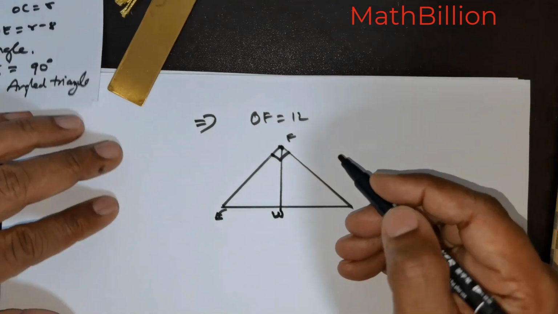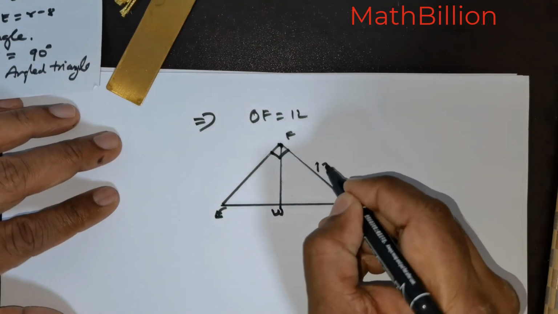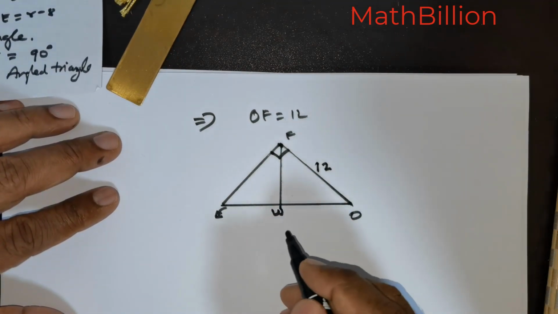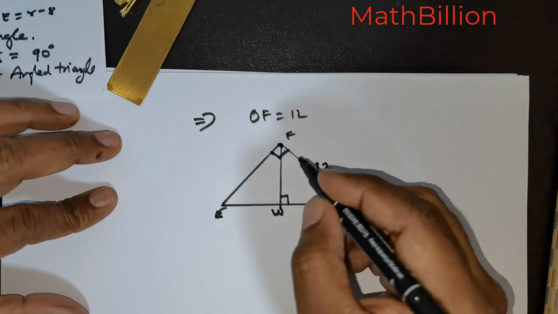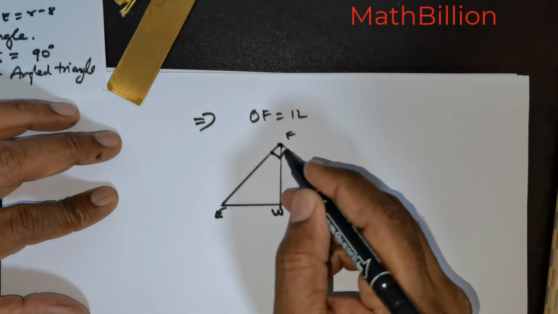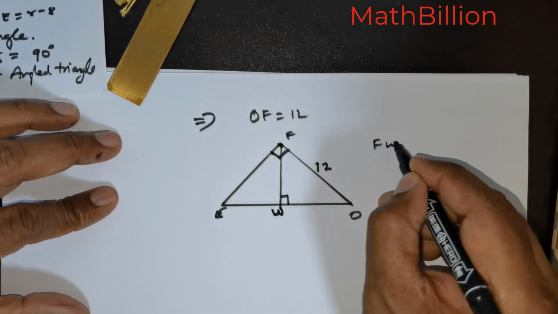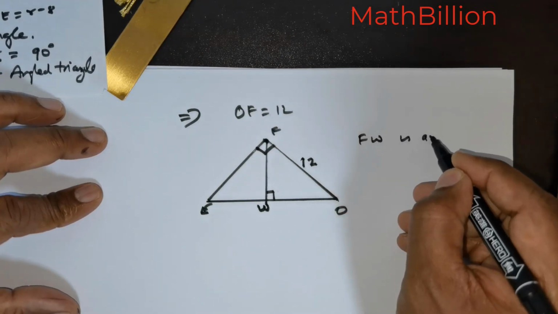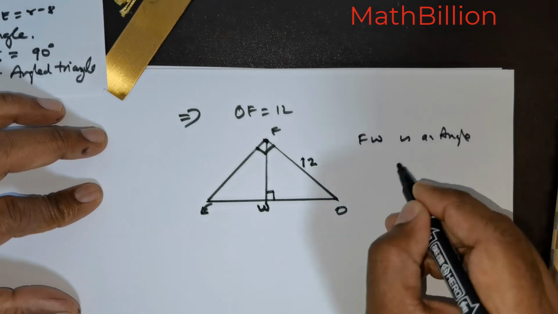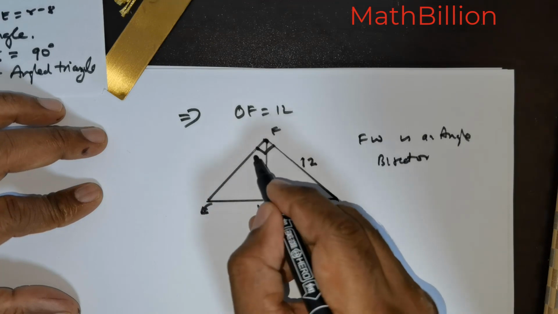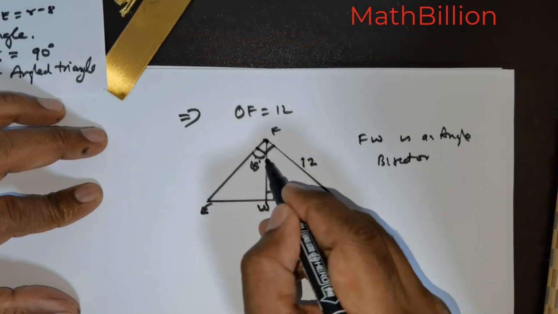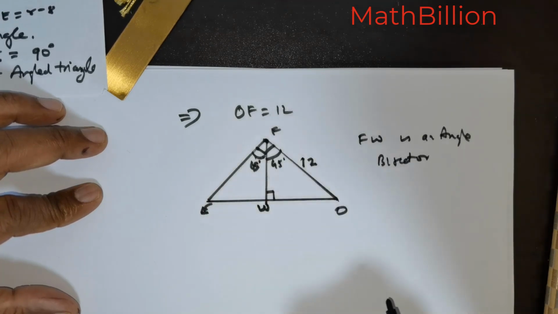Now OF has been found out to be 12 units. Now if you make this drop, this is going to be 90. Now this FW is an angle bisector. So that means 90 degrees is divided into 45 degrees and 45 degrees.